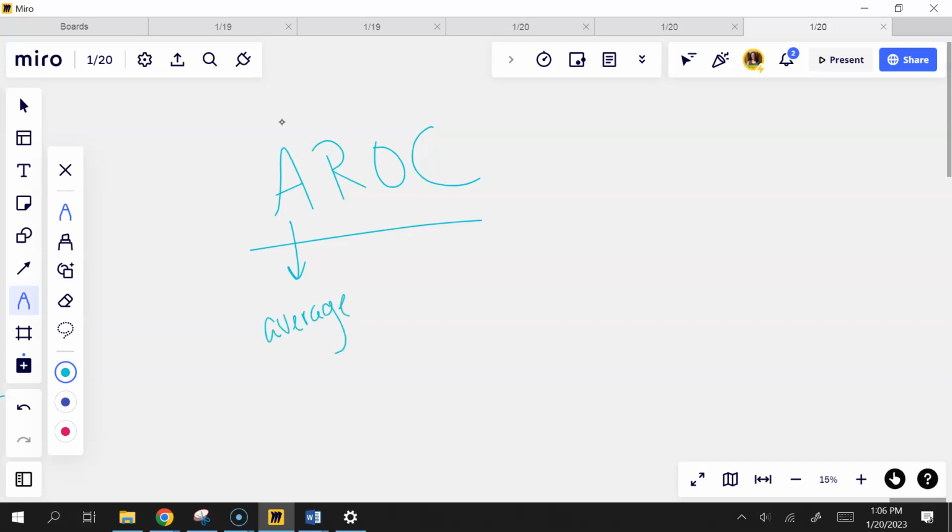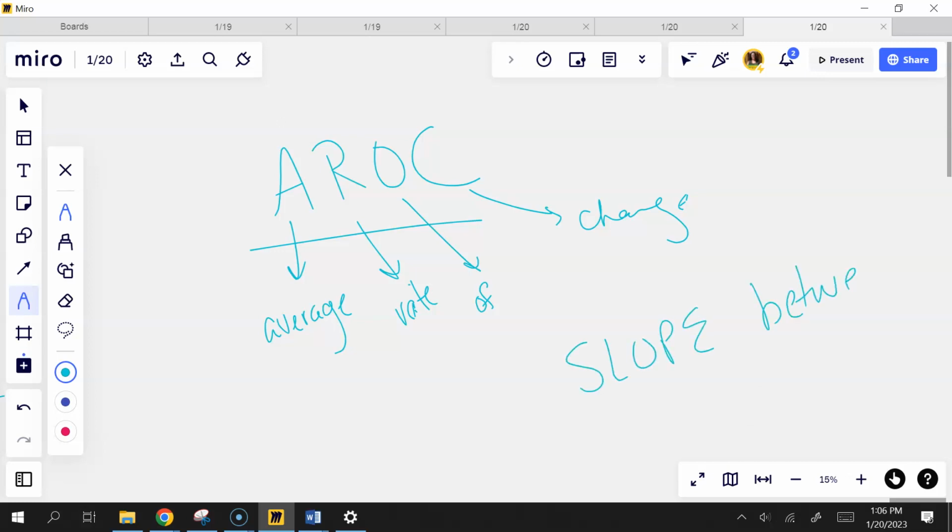This is your first introduction to calculus. And it is the easiest thing, and I don't know why, but every time calculus kids find the average rate of change, it is nothing but slope between 2 points. That is all AROC is.